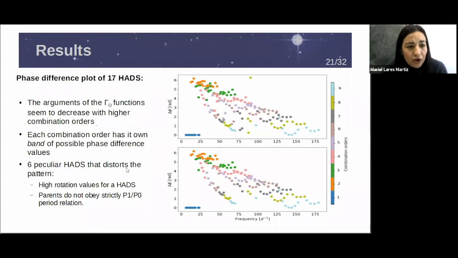It's important to note that I extracted 6 peculiar high amplitudes from this plot. So this is after removing these 6 peculiar high amplitudes, which curiously, all of the ones that do not match the pattern have higher rotation values.